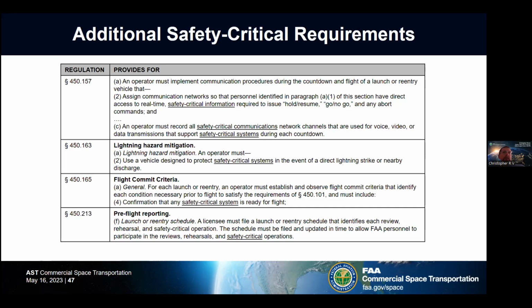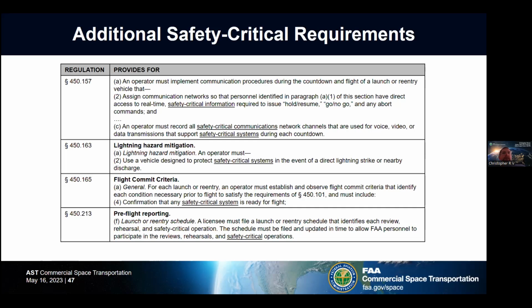A vehicle, if (a)(2) is utilized, must be designed to protect safety critical systems in the event of a direct lightning strike or nearby discharge. 450.165, flight commit criteria must include confirmation that any safety critical system is ready for flight.